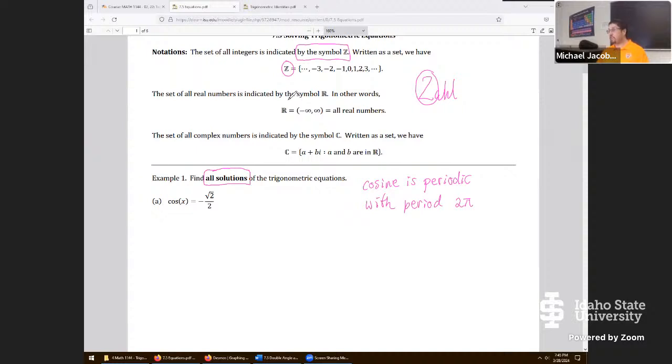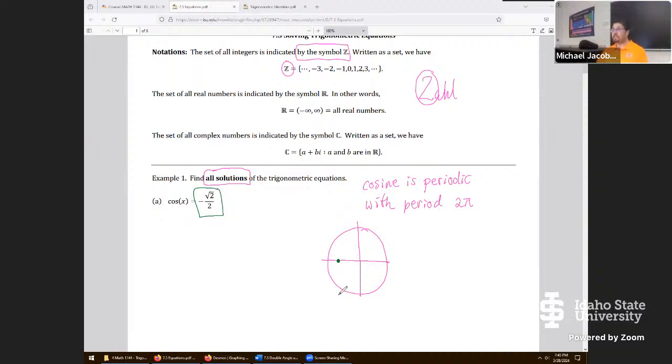So now let me give you a preview of how this is going to work. A good section to review to help out with this is section 6.3 on inverse functions. Not because we're necessarily using the inverse functions, but it's more the process we're going to take. We draw a unit circle, then we take this number, negative root 2 over 2. Because it's a cosine, we want to place that on the x-axis. It would be about here, about negative 0.7.